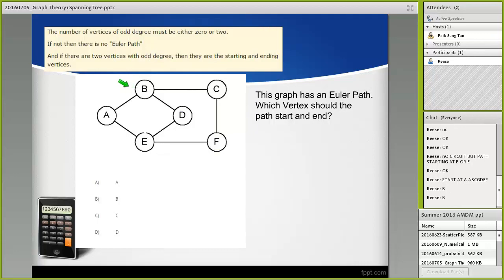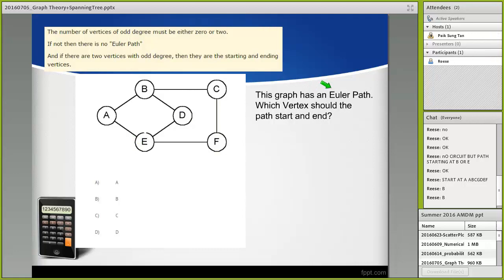According to the theorem, we know this one has two odd degree vertices because vertex B has degree 3, 1, 2, 3, and vertex E also has degree 3. The other vertices are all even. So if it starts at B, then it will end at E. It's an Euler path, and an Euler path doesn't have to start and end at the same point.